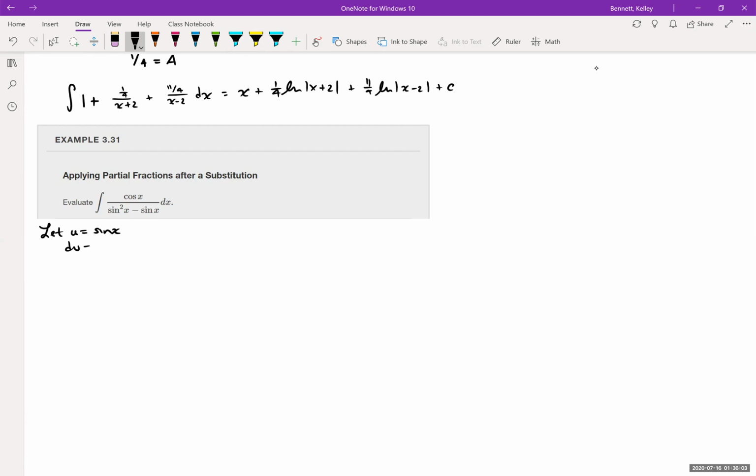So that du is cosine x dx. And so this becomes the integral of 1 over u squared minus u du, which breaks up nicely into 1 over u times u minus 1 du.